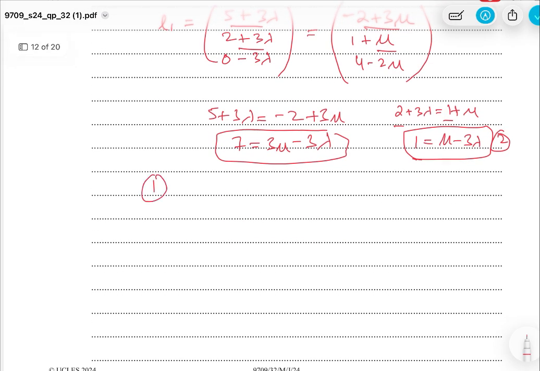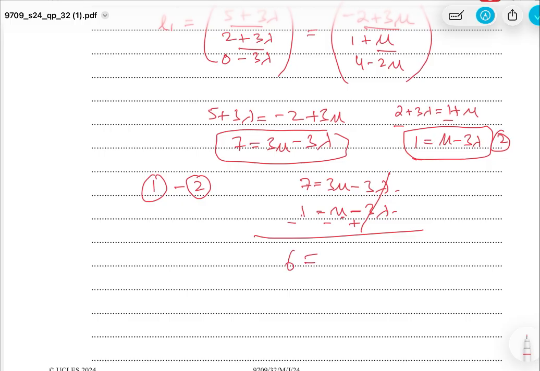You can put it in your calculator if you want, or use the elimination method. Okay, I will solve it. 7 = 3 mu − 3 lambda and 1 = mu − 3 lambda. These two terms are the same, so we subtract, and in subtraction the signs change. The lambda terms cancel out. 7 minus 1 is 6, and 3 mu minus mu is 2 mu, which gives us mu = 3.